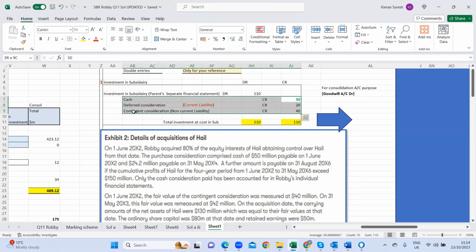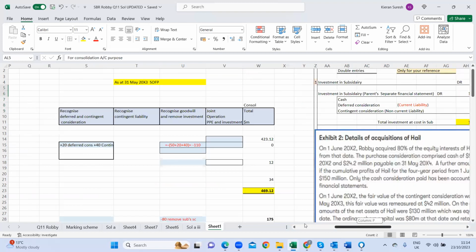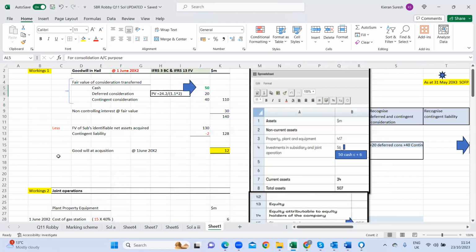For these three entries, the debit is in the goodwill account. So this is how it balances. If you go to the goodwill account, you see this is the goodwill that we calculated, and within it we debited these three entries. So in the consolidation books, debit the goodwill account and credit the respective accounts: a correct double entry.